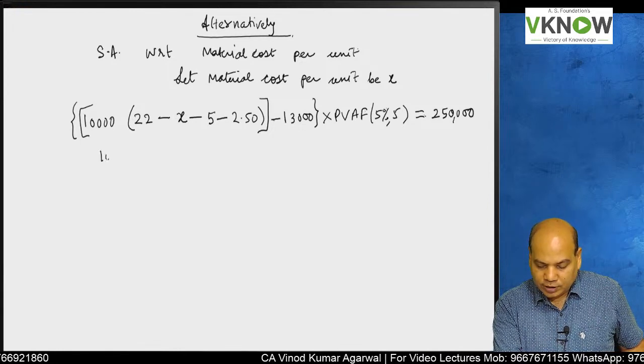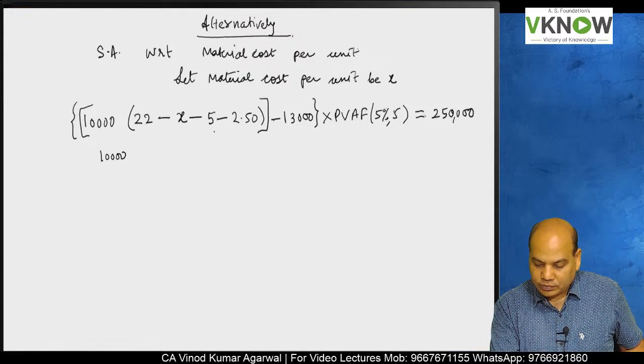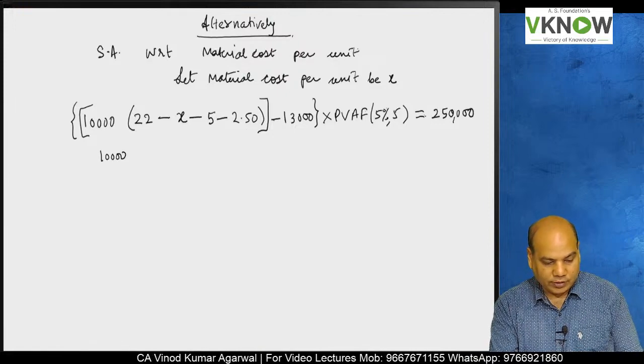So to simplify: 10,000 into 22 minus 5 minus 2.5.